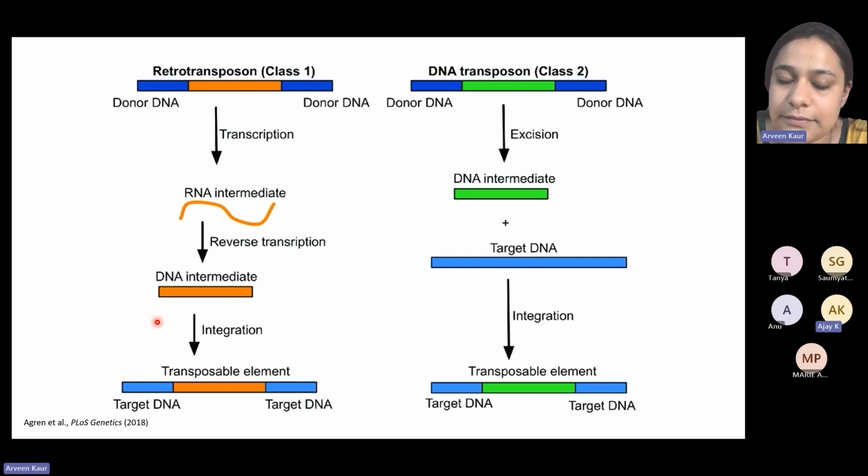But in that DNA, are both strands added, or one of the strands of DNA is added? Means I just want to know whether the RNA intermediate and the DNA intermediate only have that difference of thymine and uracil, or because both of the strands of DNA intermediate are added in the target DNA, that's why it is different from the first one.